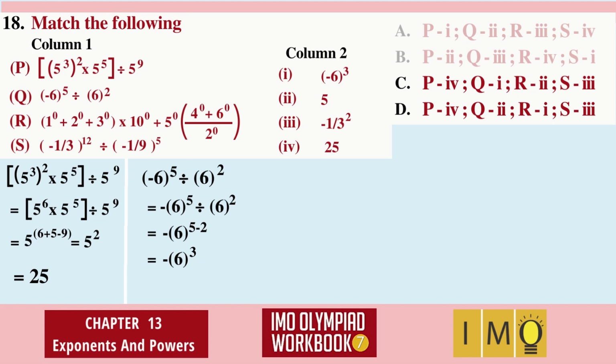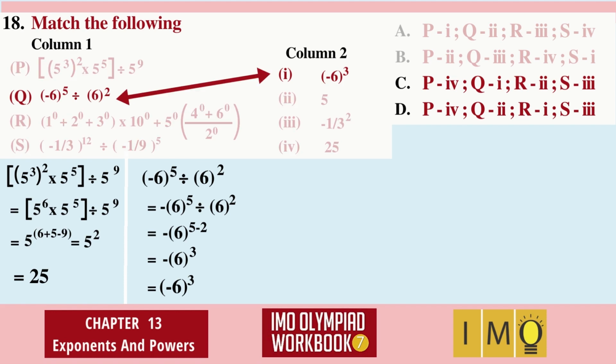Again, since the exponent is an odd number, this can also be written as minus 6 whole to the power of 3. That means statement Q matches with option 1.